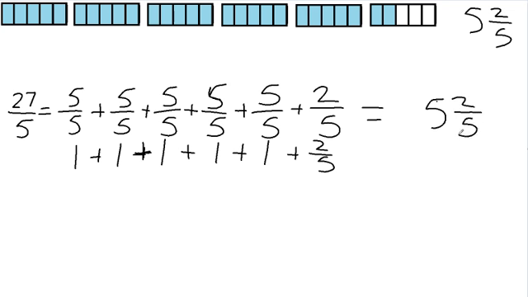But if you're too lazy to do that, or you're like, there must be an easier way, this is just too hard, there definitely is an easier way. That's division. So 27 fifths equals 27 divided by 5.